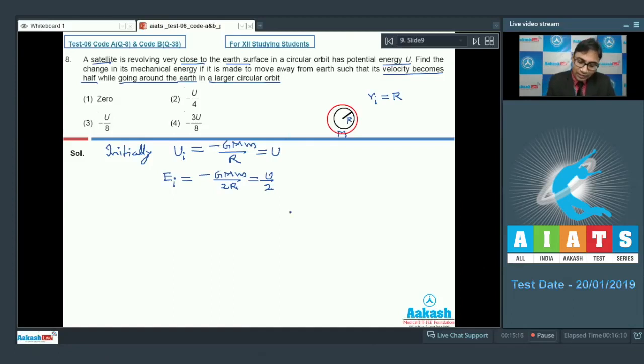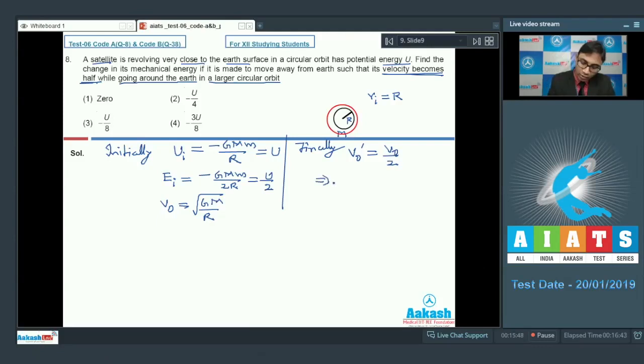Now since it has been taken up to some height such that its velocity becomes half, we know that the orbital velocity initially will be equal to root under G M by R. But according to the question, finally the velocity v0 dash becomes half of the initial orbital velocity.